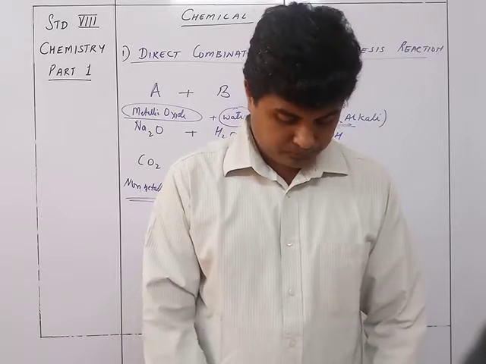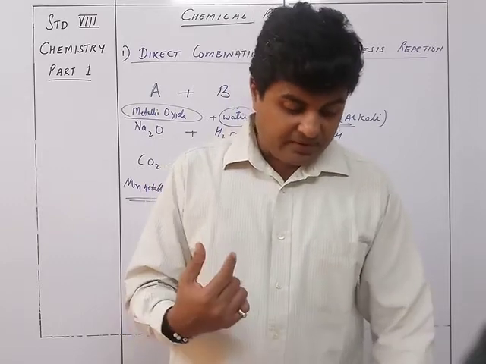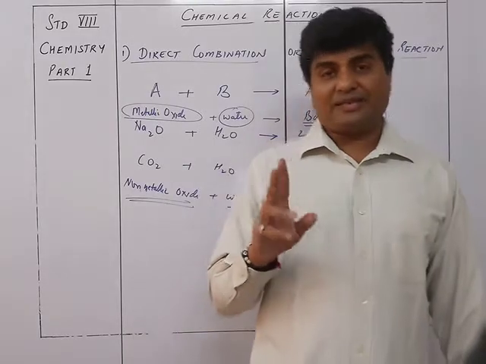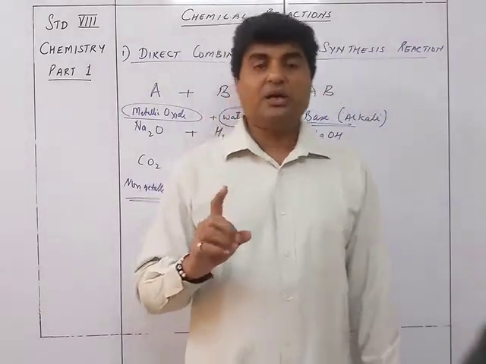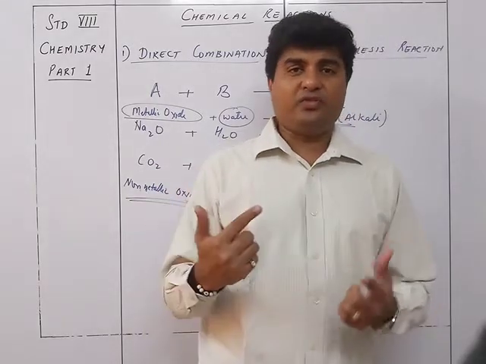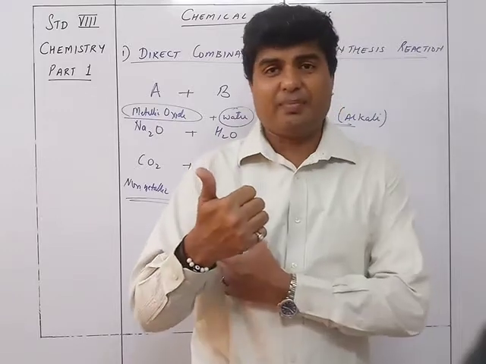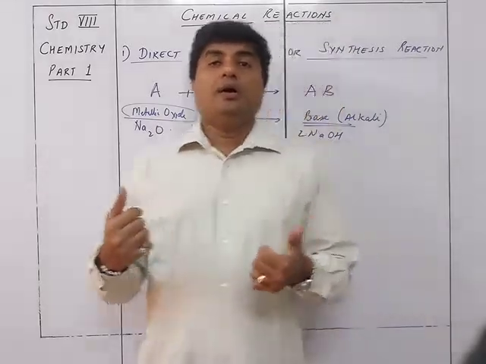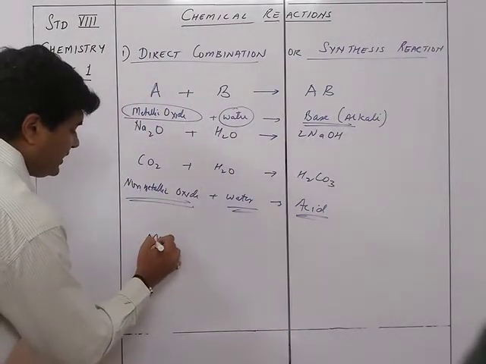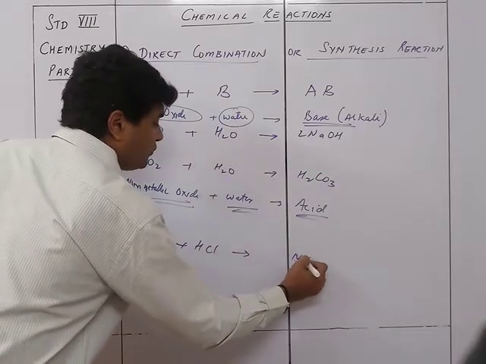One more thing in the direct combination reaction: there is one more example where two neutral gases, ammonia and HCl, react with each other, one basic and one acidic. So NH3 plus HCl giving you NH4Cl.